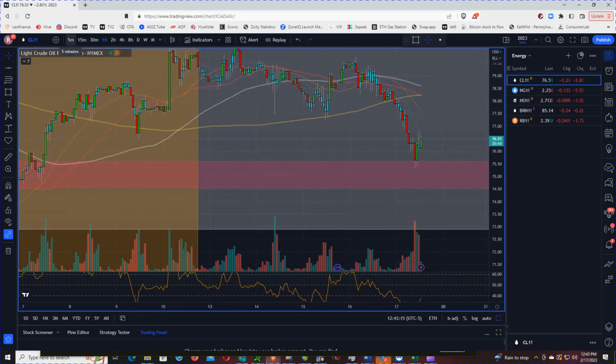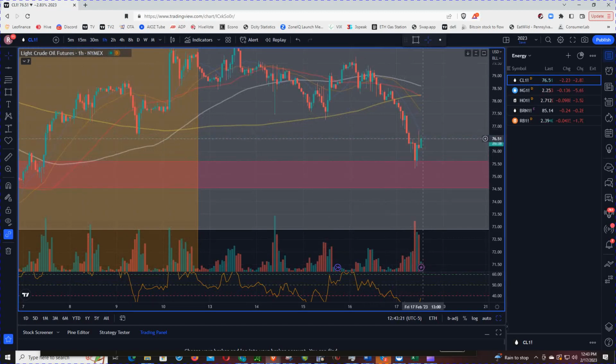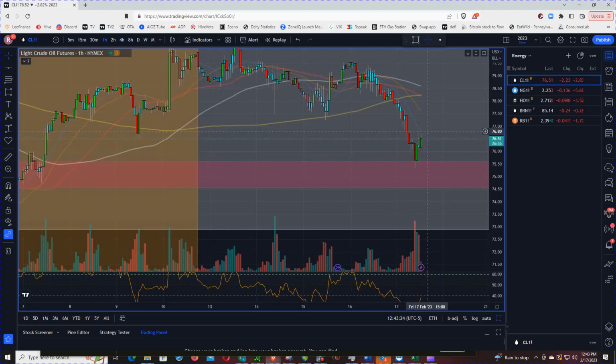If this was the beginning of the day session and price could get a close above the 8 SMA and this pivot high, really nothing stopping price climbing another dollar or so.